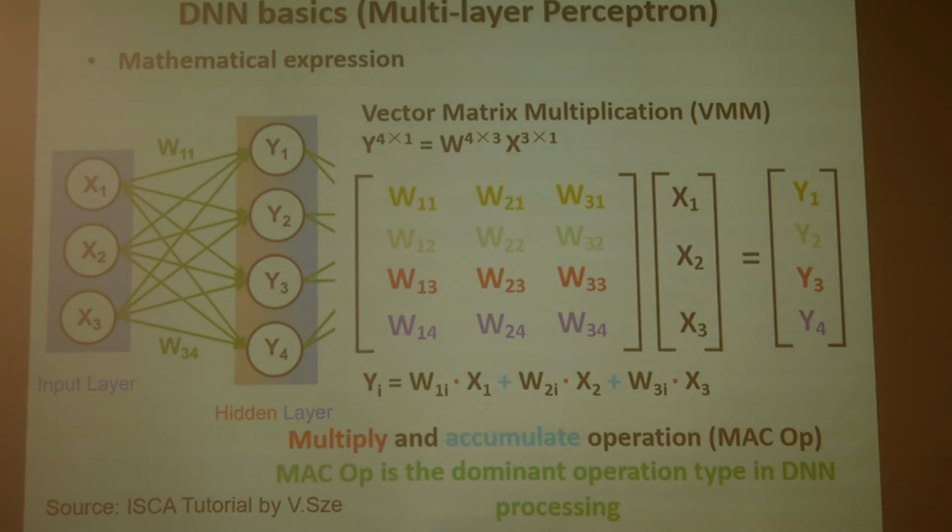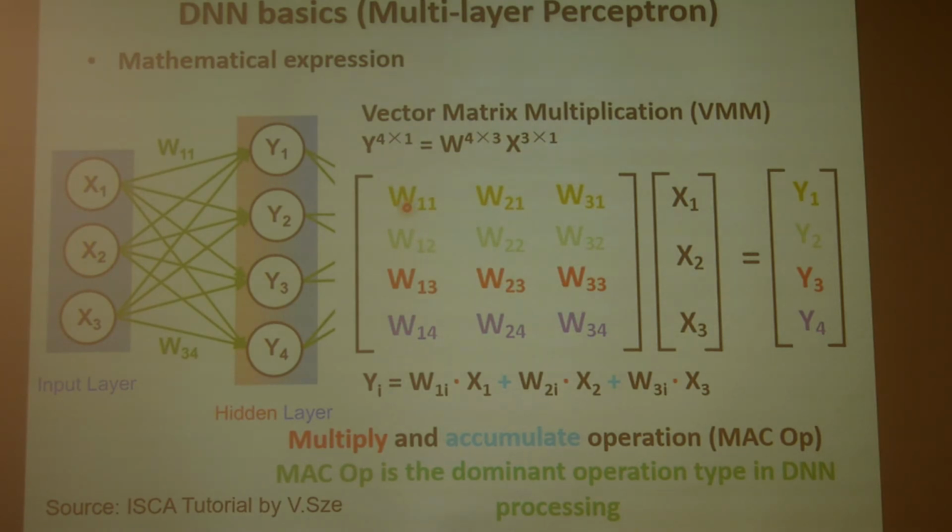To get the value of those output neurons, the input vector X is multiplied with the weight matrix W, and this operation is called a vector matrix multiplication.